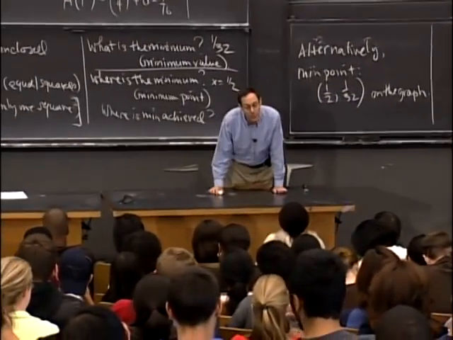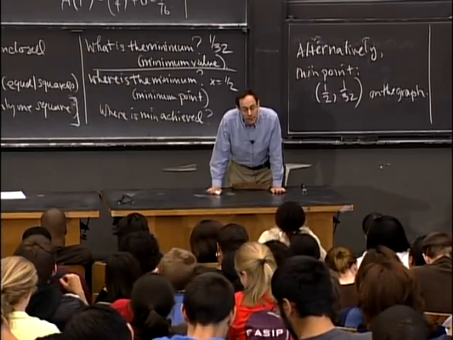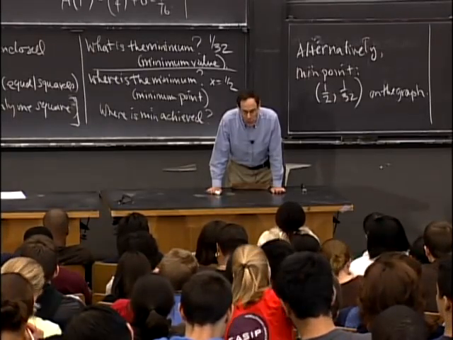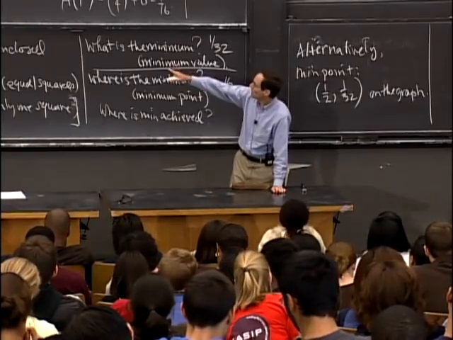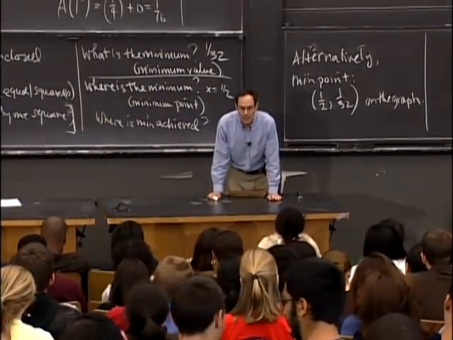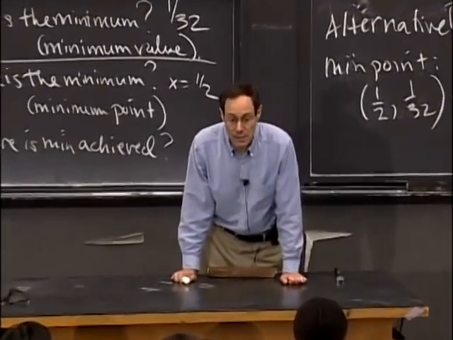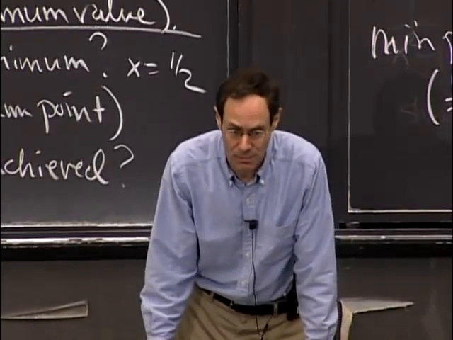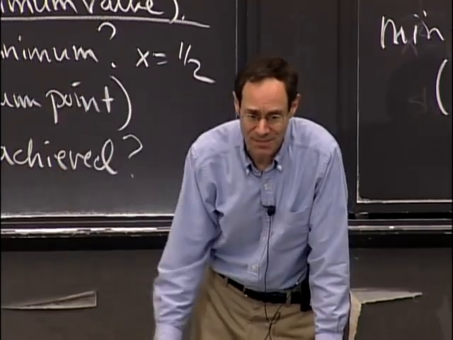The question is, since the question was, what was the largest area, why did we find the least area? The reason is that when we go about our procedure of looking for the least or the most, we'll automatically find both, because we don't know which one is which until we compare values.